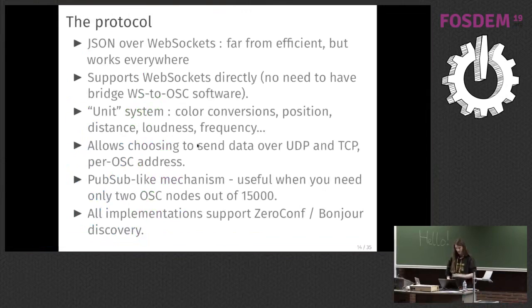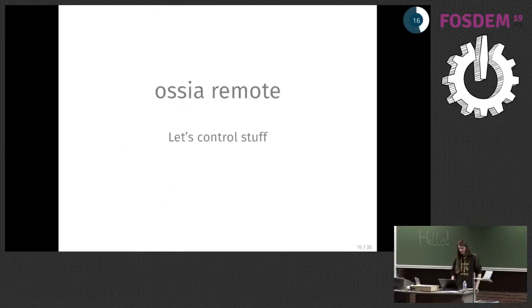So this is basically the general idea of libossia. And on top of OSC, it also adds some kind of publish and subscribe mechanism, which allows you to say, okay, I just want to listen to one or two addresses amongst all the possible addresses that are available. And the interesting thing is that all the current implementations work with zeroconf, so it just works basically. You see all the available devices and you connect to them.